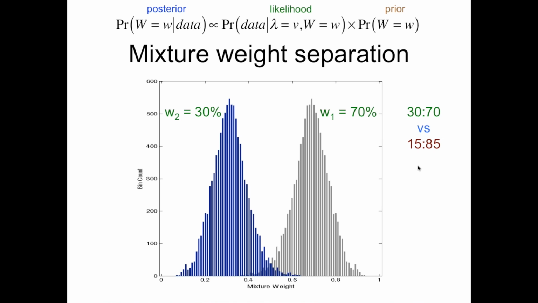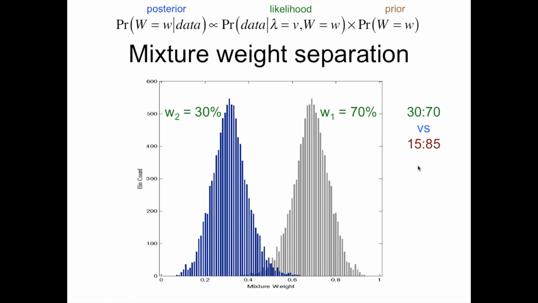The reasoning is again Bayes' theorem, with a posterior distribution of mixture weight conditioned on the data proportional to the likelihood. How well the mixture weight along with the decay factor explains the data, probably the data given these variables, times the prior of mixture weight.